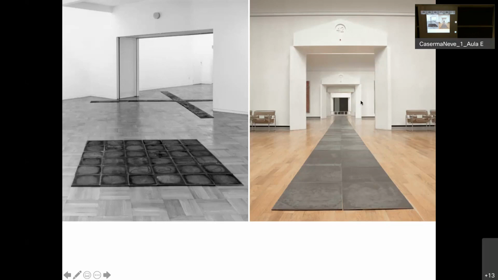Or here in this case, we have a structure that is actually giving value or strengthening the directionality of the space. So in this case, it is working together, but also in contrast with the vocation of the space. In this case, it is strengthening the vocation of the spatiality of this enfilade of galleries.